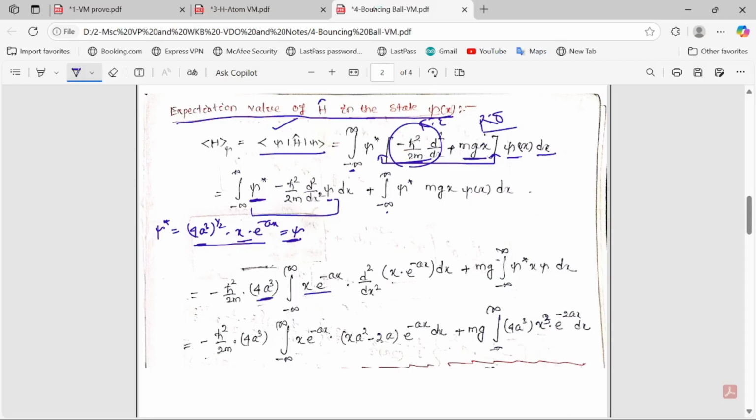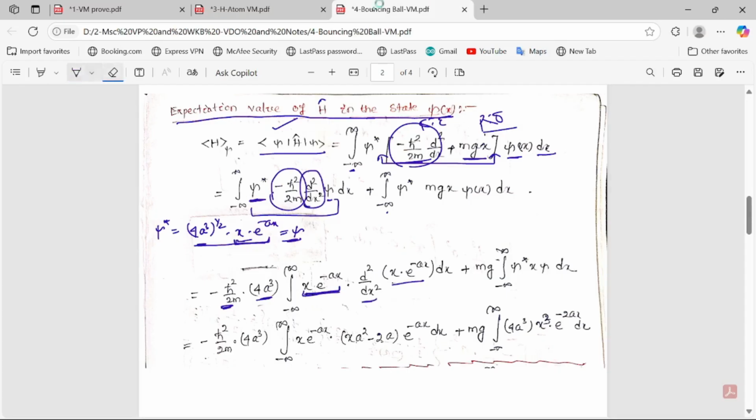4a³ is a constant taken outside, minus ħ² by 2m is also a constant taken outside, and the remaining terms are x e to the power minus ax, d² by dx², again x e to the minus ax dx. Here you have to do rough work.